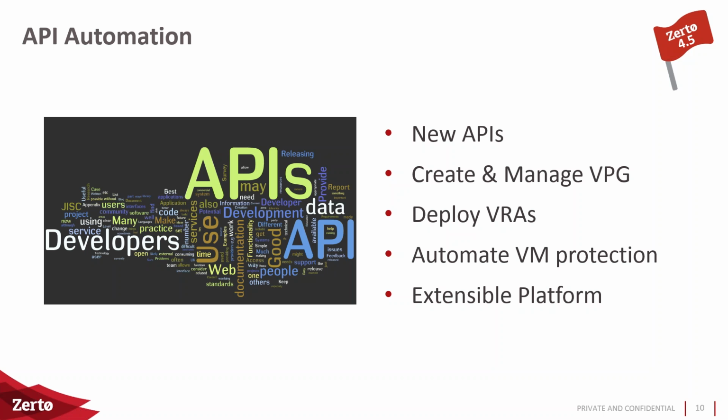So if you're already doing things in a scripted, DevOps, API type of approach, then these APIs allow you to trigger automatic VM protection, for example, by calling the Zerto APIs, creating VRAs and VPGs, and adding VMs to them. We also allow you to deploy VRAs via API.